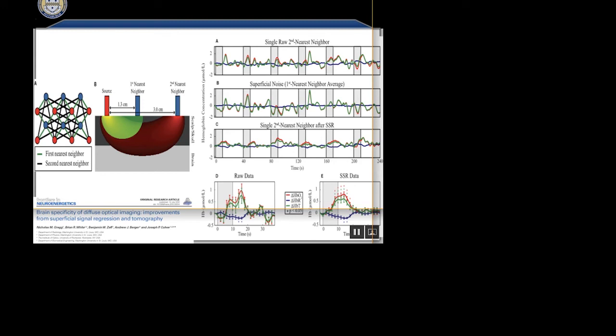Where the field is going a little bit more recently, and something Thomas mentioned, is the idea of short distance measures. With short distance measures, you have a source and detector at different spacings. You have a short one at maybe 1 centimeter or shorter, and then you have a long one. The short one, because the light doesn't diffuse into the tissue as deeply, is only really measuring the superficial.